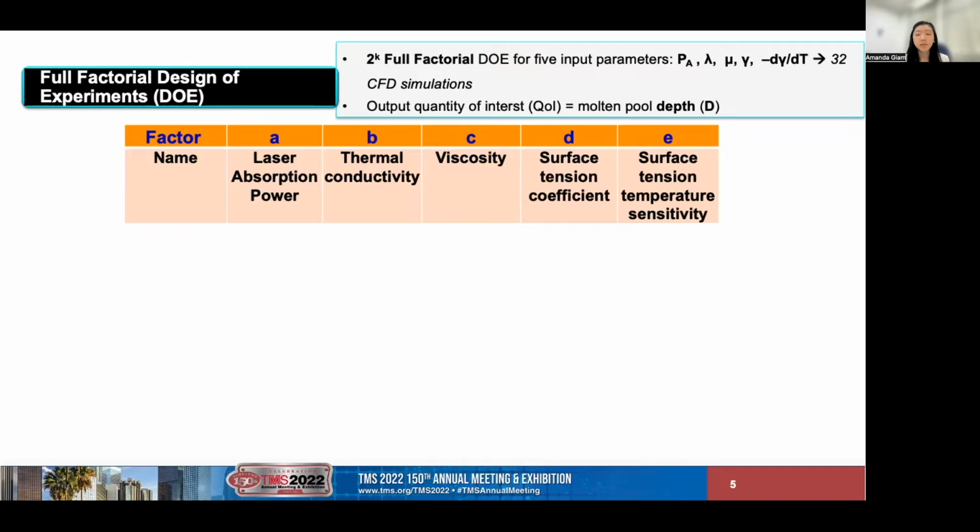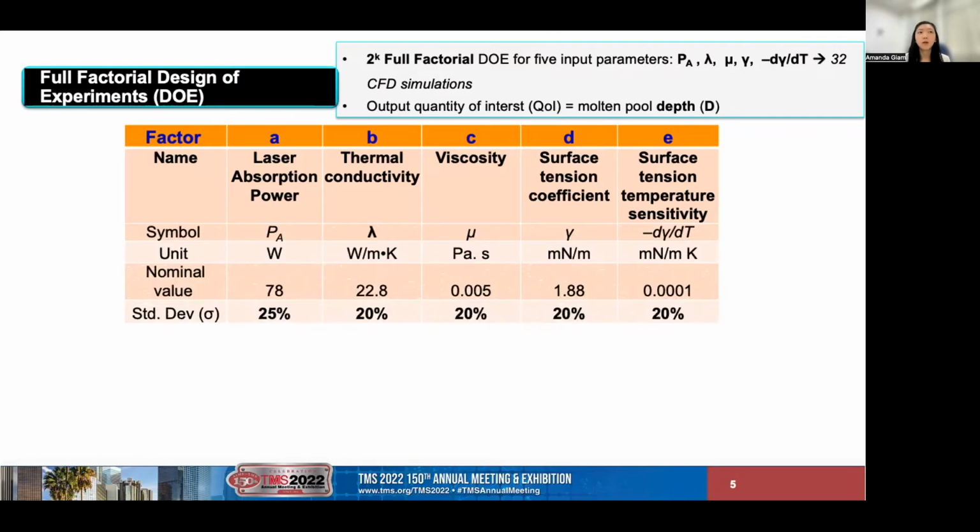This is because the melt pool depth is an important indicator of quality, as it could affect the resultant microstructure, and it also affects the final quality of the output product, and therefore our output quantity of interest is the melt pool depth.